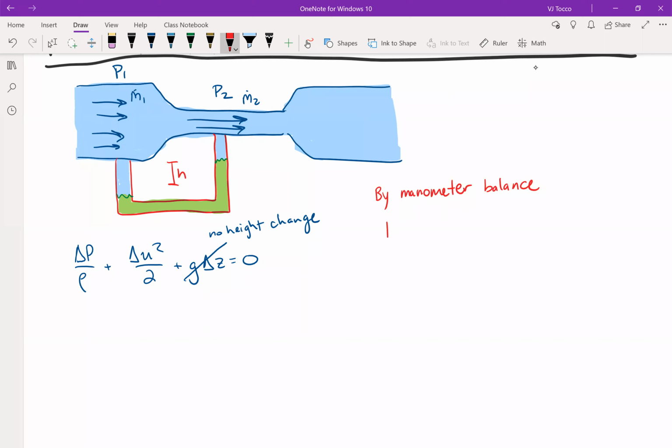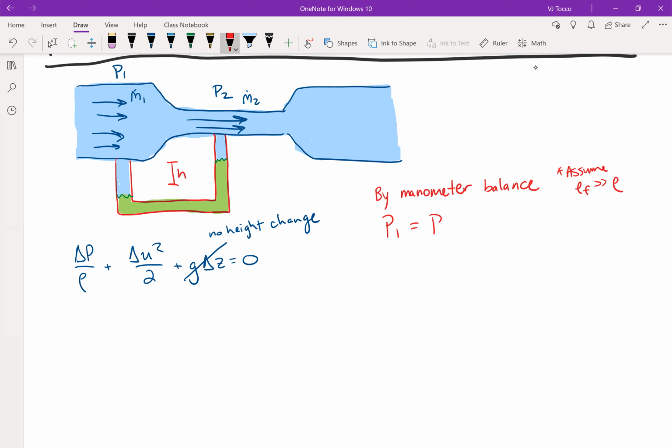I can say that P1, taking the pressure on the right-hand side, and I'm going to assume that the density of the manometer fluid is much denser than the flowing fluid. So I'll just make a quick note of that. Assume rho F is much, much greater than rho. So P1 is on the left-hand side.